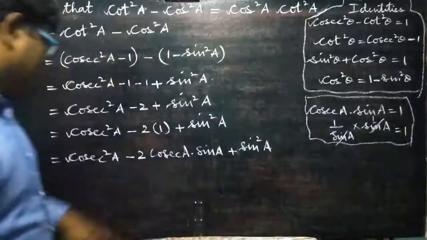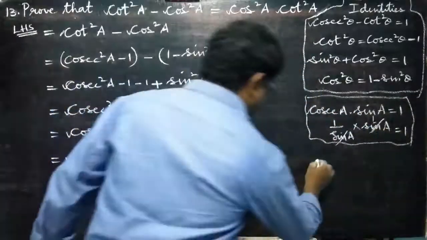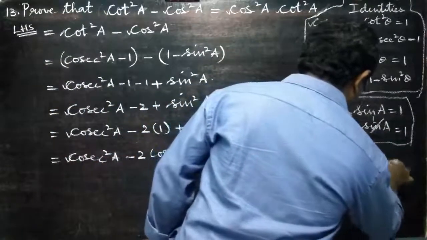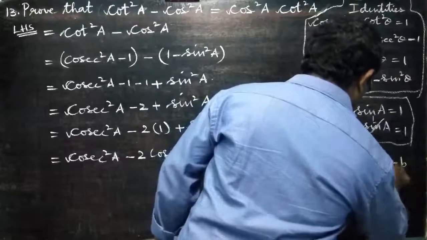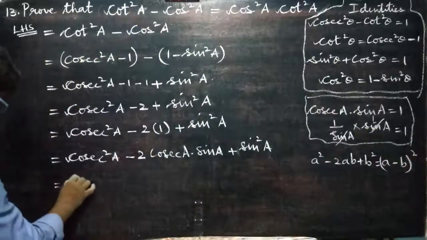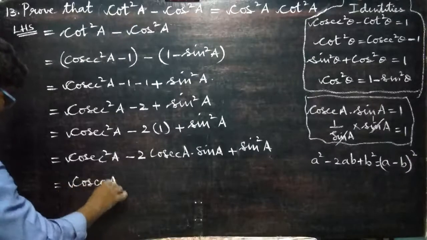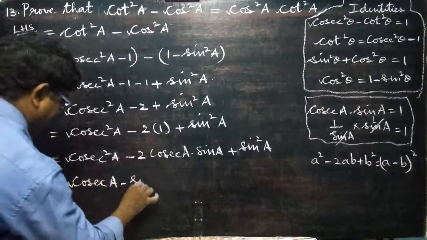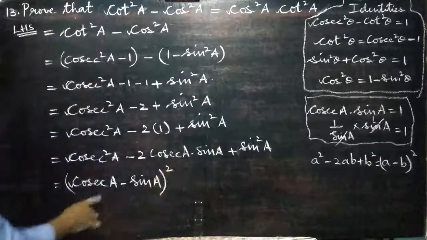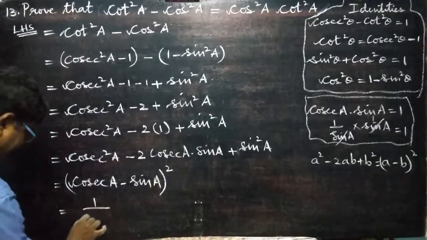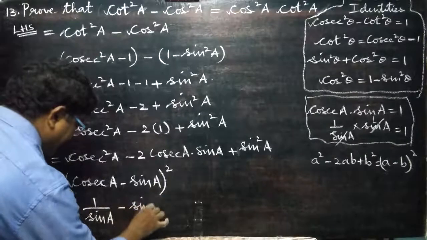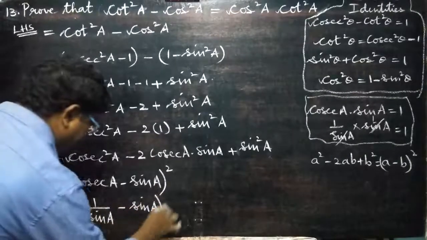So be careful. Now it is in the form of A square minus 2AB plus B square is equal to A minus B whole square. That is equal to cosecant A minus sin A whole square. Cosecant we can write as 1 by sin A, so 1 by sin A minus sin A whole square.